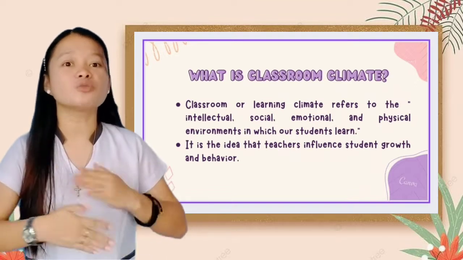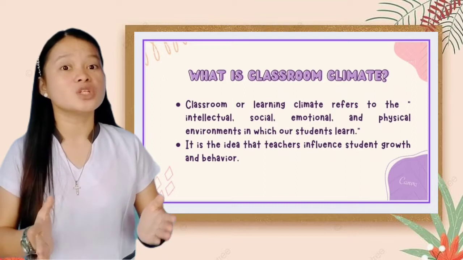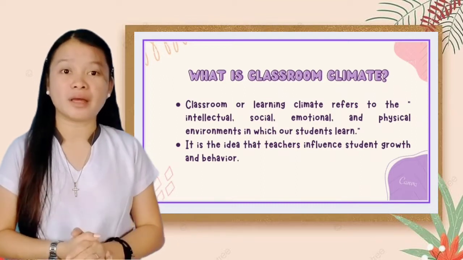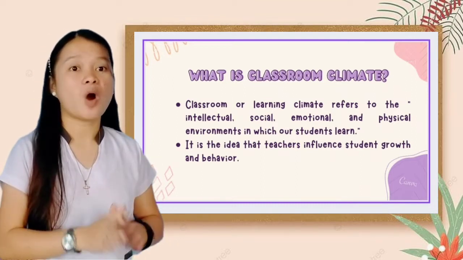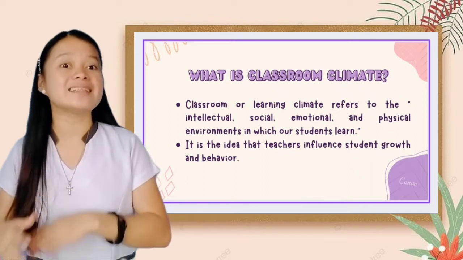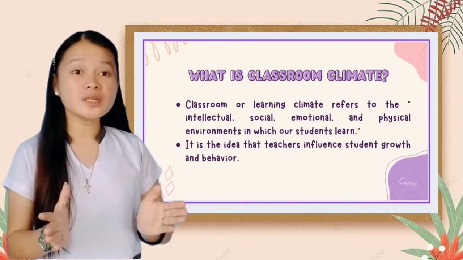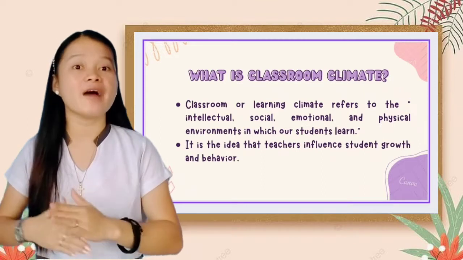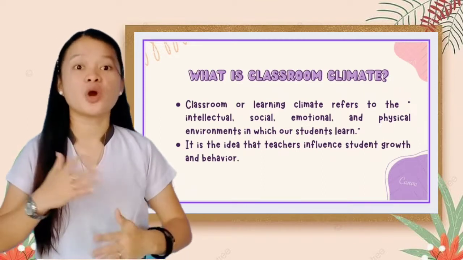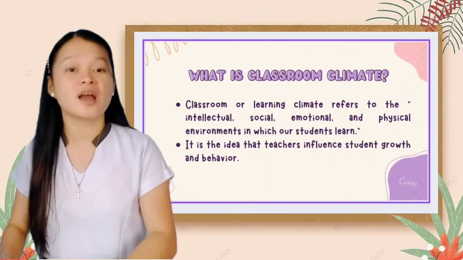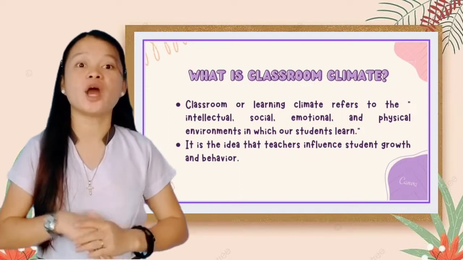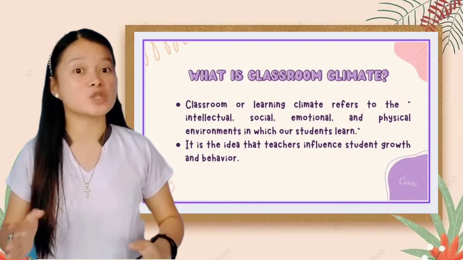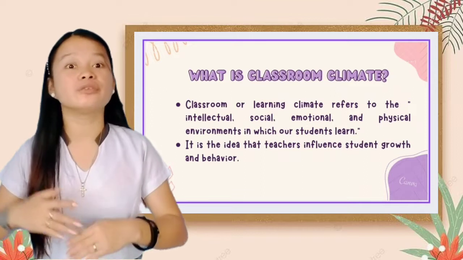So the way the instructor organizes the classroom should lead to a positive environment rather than a destructive one, or an environment that is not conducive to learning. When we say conducive to learning, it's having a comfortable physical space where children are able to sit comfortably, see and understand what their teacher is saying, as well as socialize with their fellow classmates.